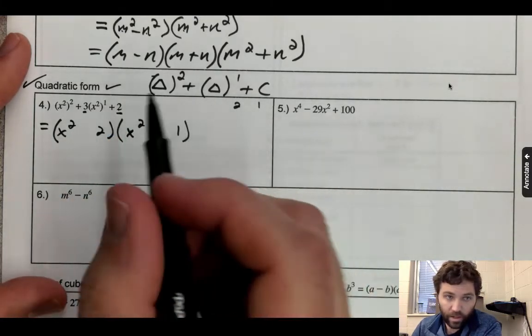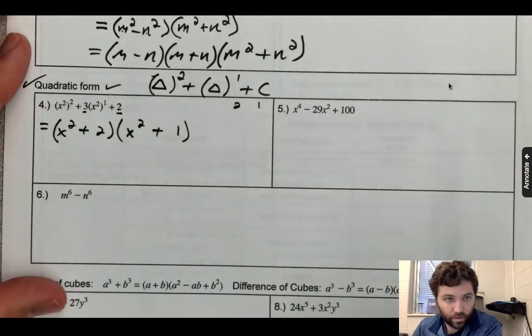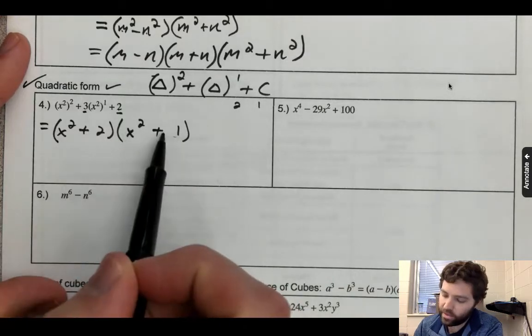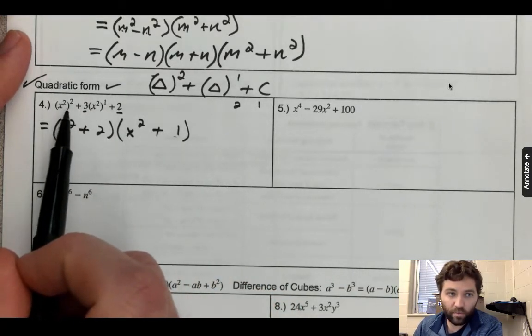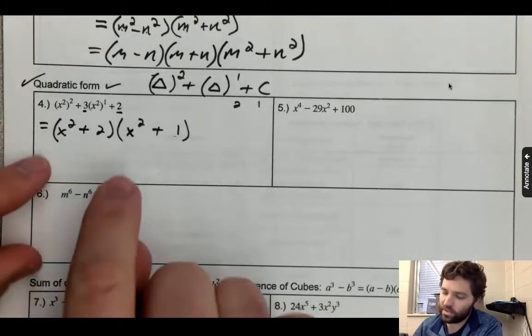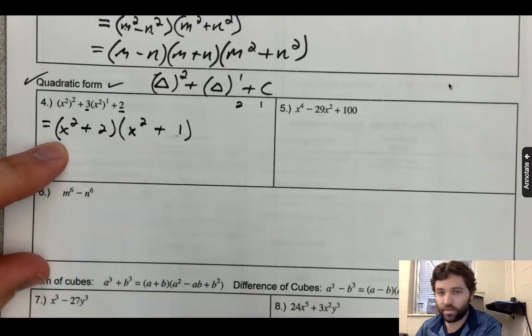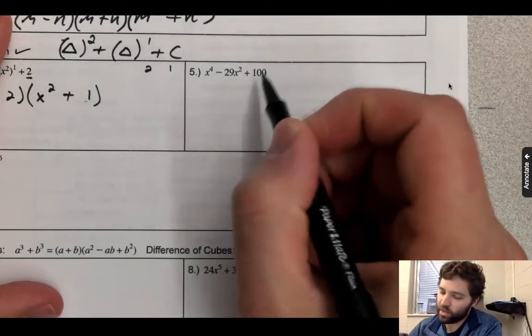And this will be plus 1 and plus 2, or plus 2 and plus 1. So because we notice that it looks like a quadratic, we can put it into the form of a quadratic and then factor it into its parts. The only thing that changes is instead of having x's here, we have x squareds. Do the same thing with number 5 here. This we can write in quadratic form.